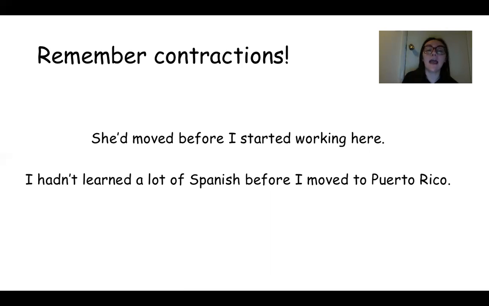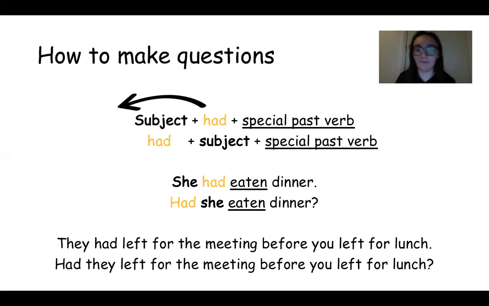And I'd say, oh, I hadn't learned a lot of Spanish before I moved to Puerto Rico. So you're explaining a situation that happened. So that's what I've noticed about this past perfect tense in English: people use it to explain things that had happened, why something did not happen or why something happened.